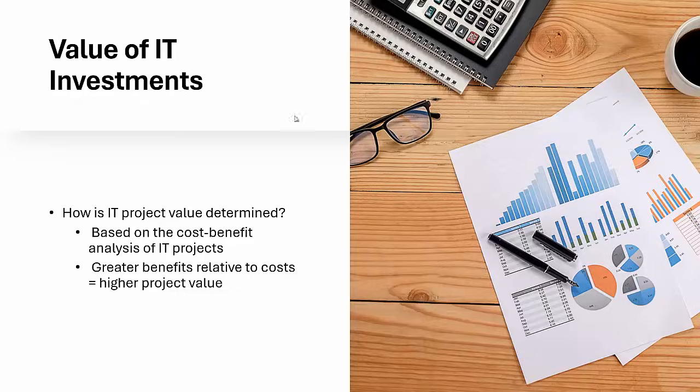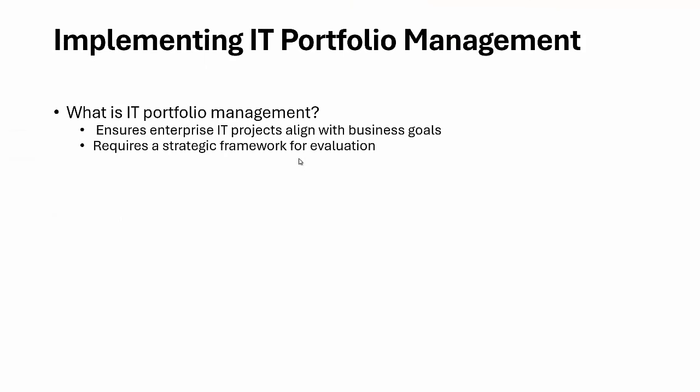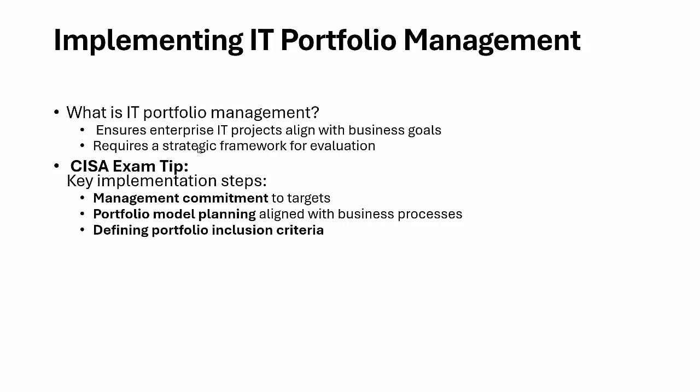When you are managing multiple projects in the company, we call it an IT portfolio. So we have a dedicated process called IT portfolio management. We ensure that the group of projects is aligned with the business goals, and it requires a strategic framework for evaluation because we have to see the holistic view. The key steps are management commitment and portfolio model planning, because you have to plan.